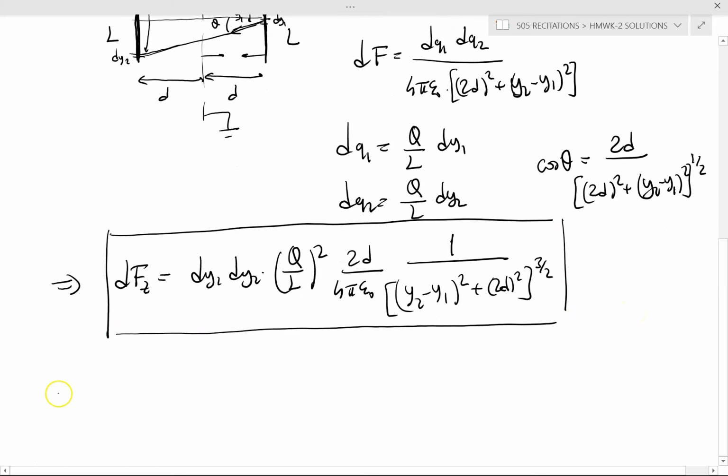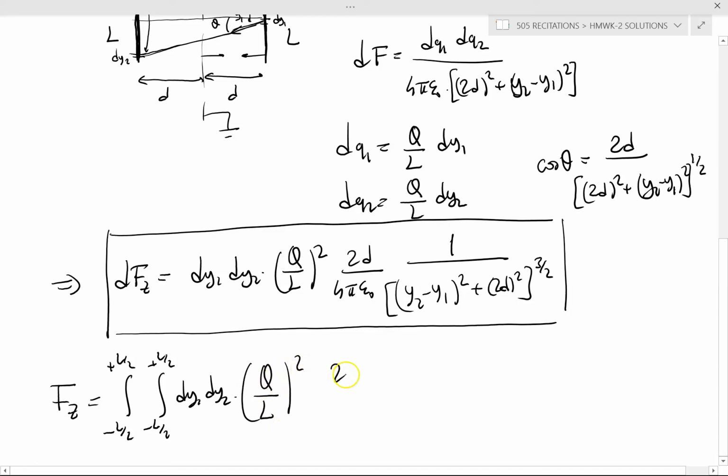And so overall, what is Fz then? From minus L over 2 to plus L over 2, from minus L over 2 to plus L over 2, dy1 and dy2, right? And then dFz. Yeah, sorry, dFz was already including dy1 and dy2, and the rest: Q over L squared, 2d over 4 pi e0, 1 over ((y2 minus y1) squared plus 2d squared) to the power of 3 over 2.